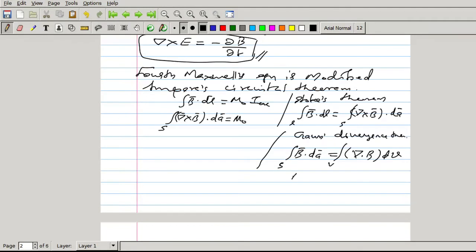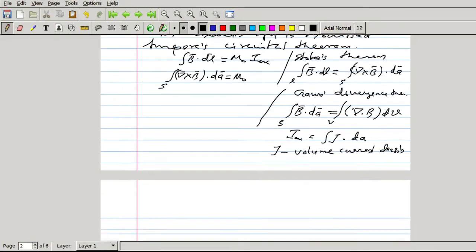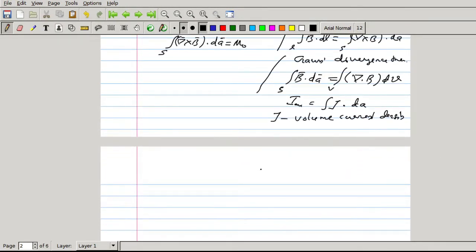I enclosed, we can write as the integral of J dot dA, where J is the current density. J is the current passing normally through unit area. So the current density J is called the volume current density. Volume current density means current is passing through a given volume, along this volume.